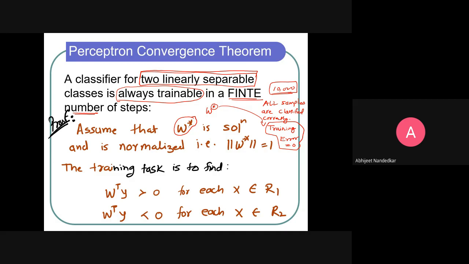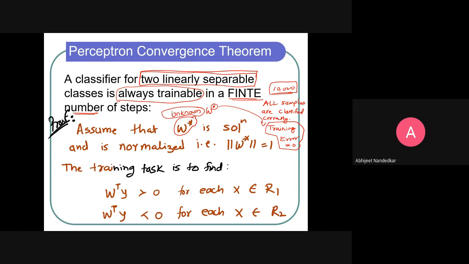Since I don't know this solution, I assume that it exists for my linearly separable classes, that is two classes, and that solution weight vector is W star. This is unknown. We want to find out this.